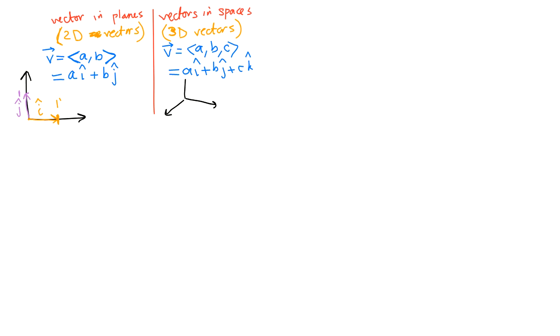We have three unit vectors: i is the unit vector toward the x-axis, j toward the positive y-axis, and k toward the positive z-axis.